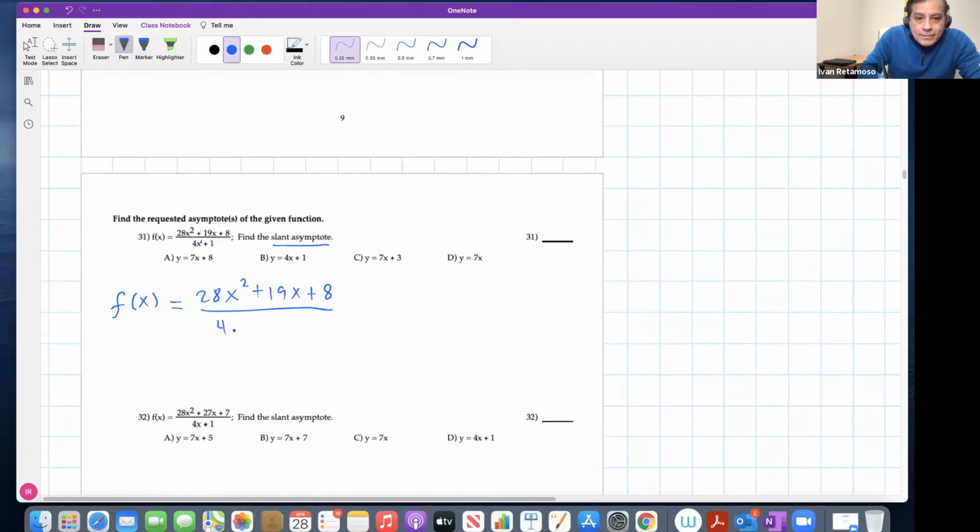And that's the case, 2 bigger than 1 by 1 unit. So the slant asymptote will come out as the quotient of this guy, ignoring the remainder.